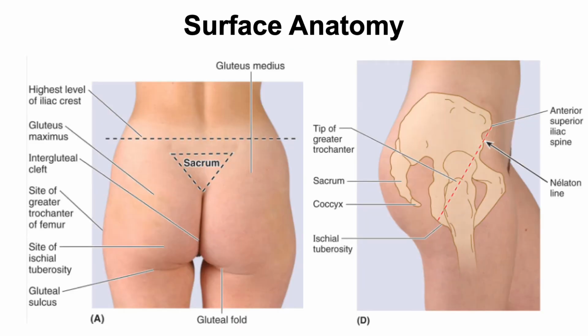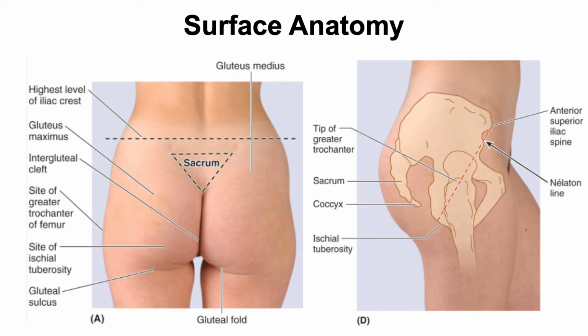So with these kind of bony named areas of the hip, there's only a few of them that we can use for surface anatomy. So for palpation, one of the bigger ones is the anterior superior iliac spine, that ASIS. Basically, if you have a patient laying on their back, if you put your thumb kind of to a mid-clavicular line, so if you draw a line from the mid of their clavicle all the way down, you should be able to find the anterior superior iliac spine.